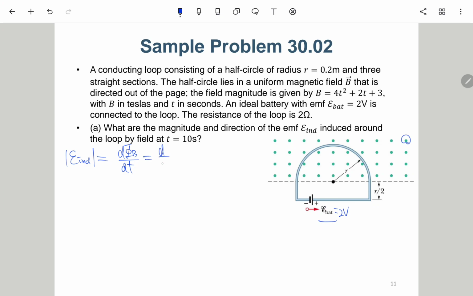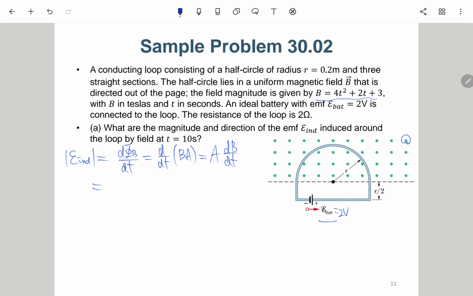So d dt of phi B is actually B times A. And A is a constant. The A doesn't change at all. So A is a constant, and we can move it to the front. So we only have dB dt. And we can see that B is a function of time, so that we can take the derivative.